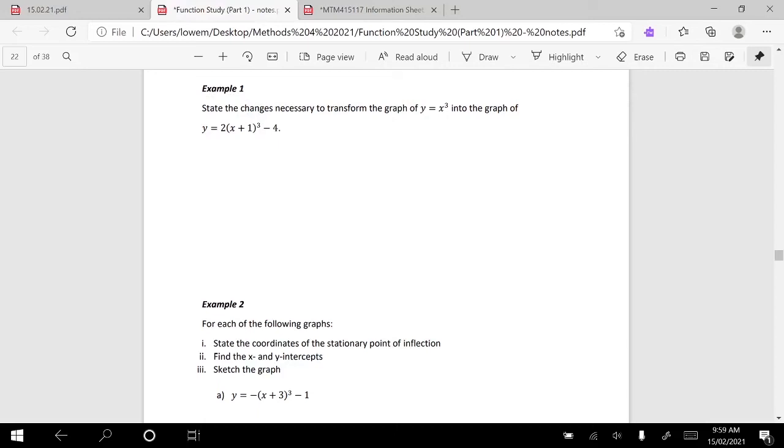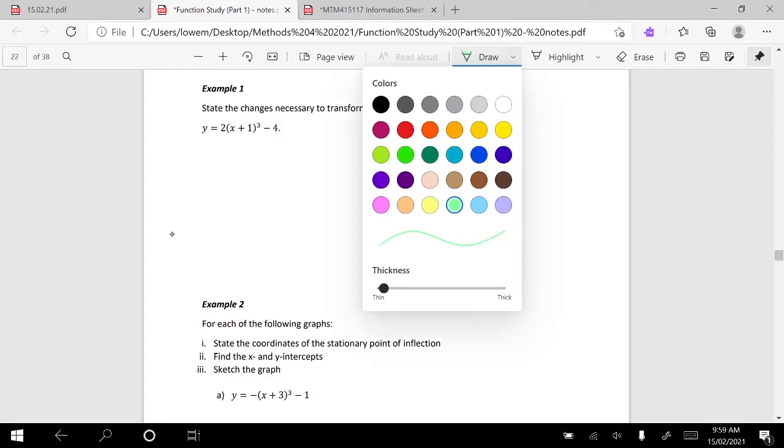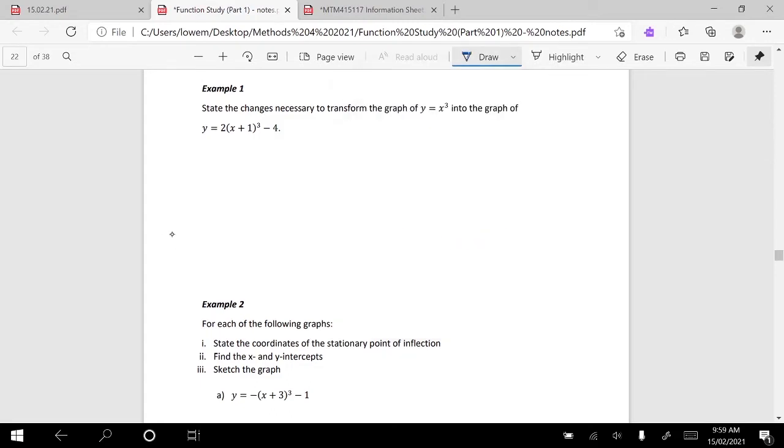Our first example is to state the changes necessary to transform the graph of y equals x cubed into the graph of y equals 2(x plus 1) cubed minus 4. This works the same way as we did with the parabolas.